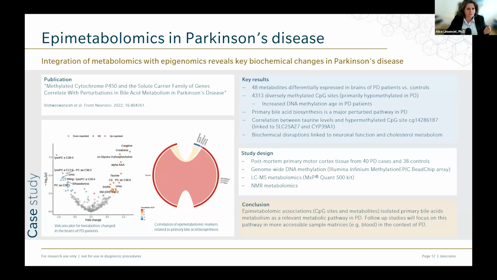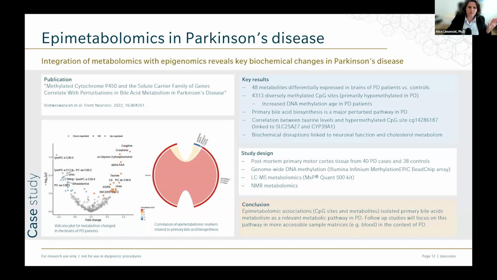And you'll notice that taurine, which is kind of in the middle of the orange dots, maybe you see my mouse, is there, but is not necessarily the one that you're going to look at first. But then when you overlay that and you look for associations with the epigenomic data set, this is where taurine actually becomes really relevant, because that is the one analyte that you see on the left of the circos plot that is associated with a number of loci that are encoding proteins that have to do with bile acid metabolism.